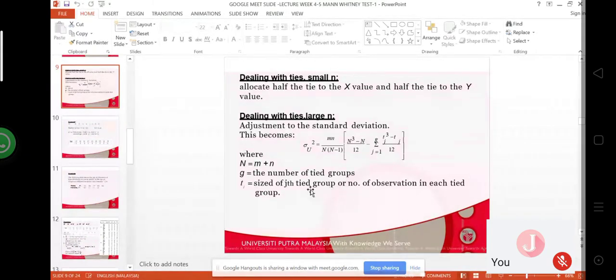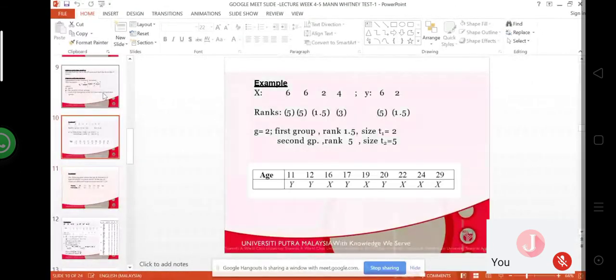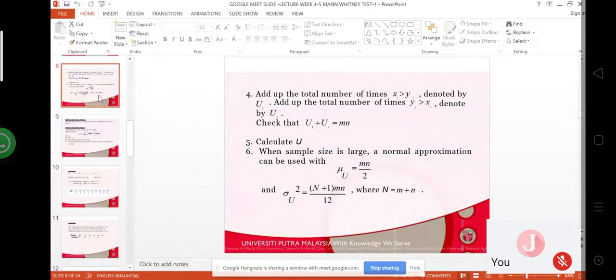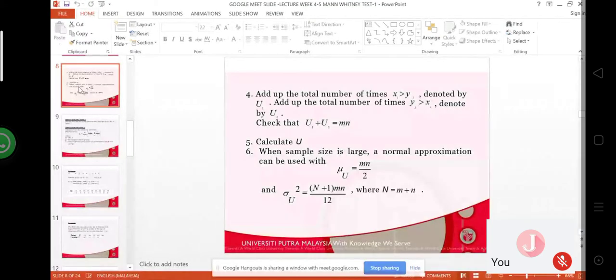Before I forget, now look at this slide, slide number 8, item number 6.